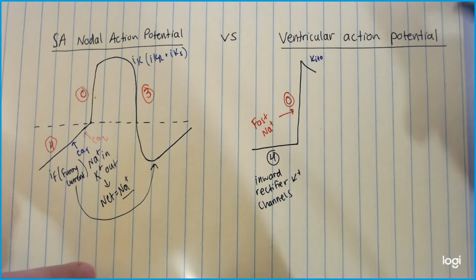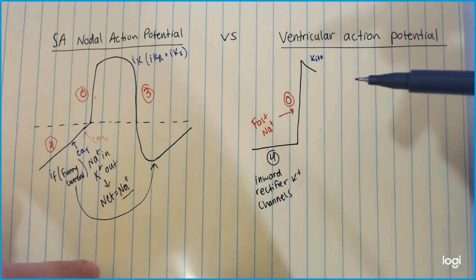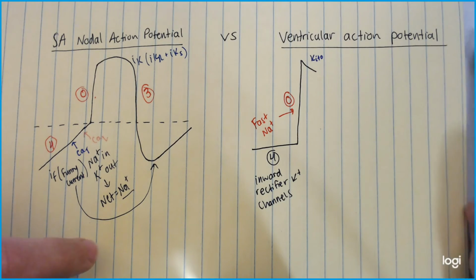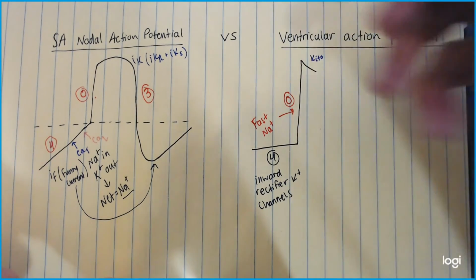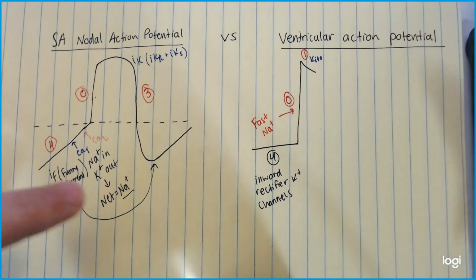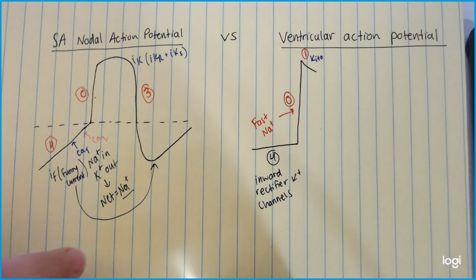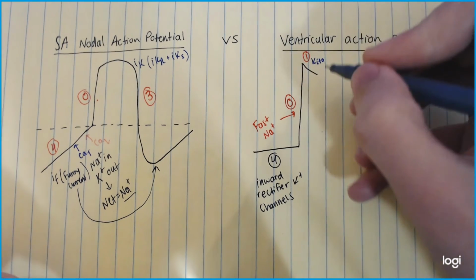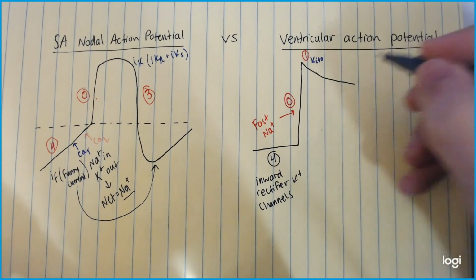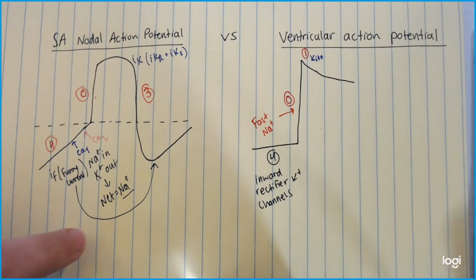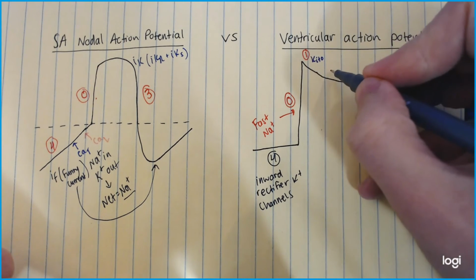And that's just part of the initial rapid repolarization phase. Okay? So we'll label that phase 1. So you can think about it as phase 1 of repolarization. Then the next phase, you have just a downward trend, kind of like that. And that is called the plateau phase, and that's phase 2.